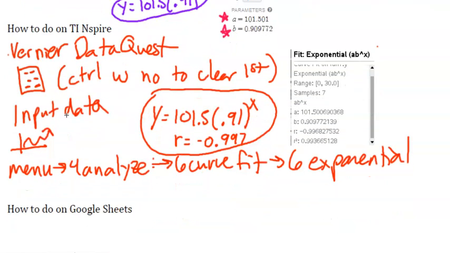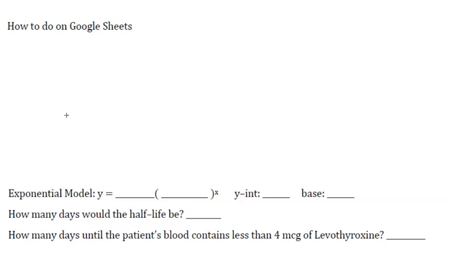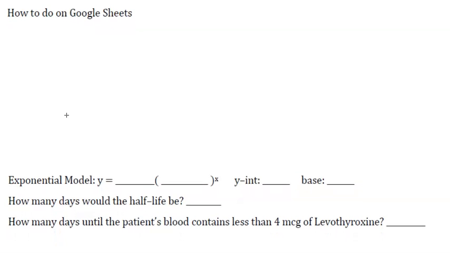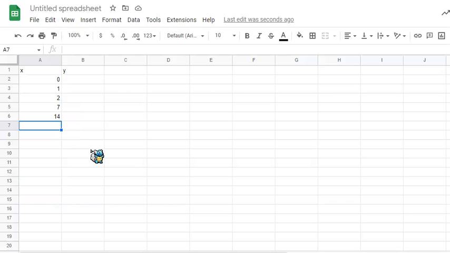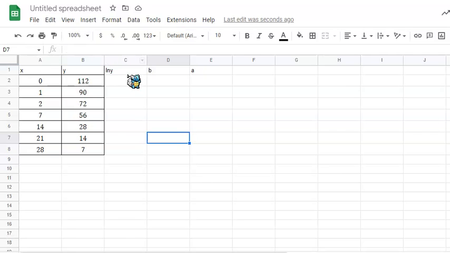Alright, now let's talk about how to do this on Google Sheets. Go ahead and open up a new Google Sheet and follow these steps. Once you've gotten your Google Sheet open, type in the data first, the x column first and then the y column. From here you can calculate the exponential regression.